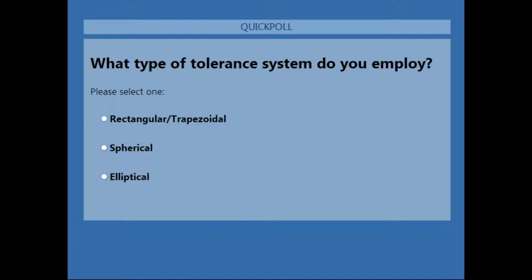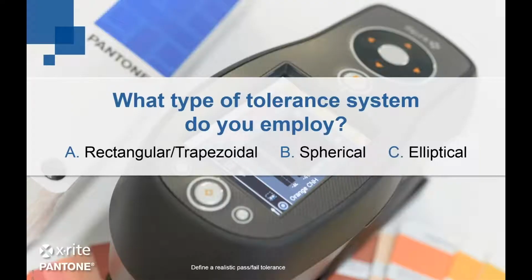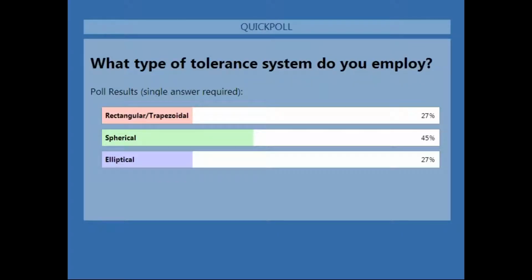Okay, people are still voting. Okay, I'm going to close the poll and we're going to analyze the results. So I'm sharing the results. Colin, can you see it?